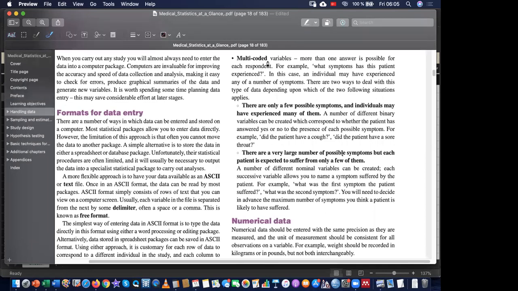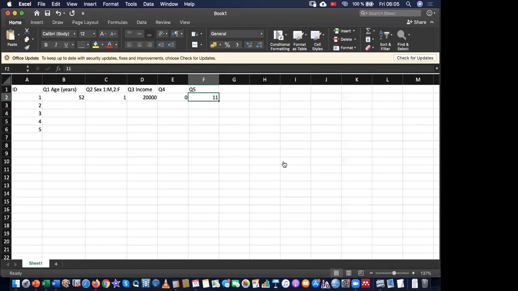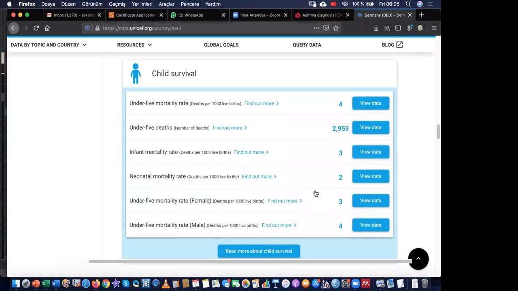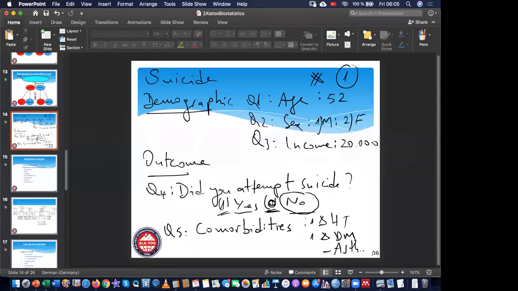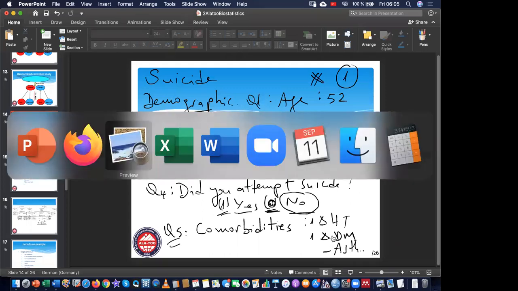If you have multi-coded, as in our example, this variable number 5 is multi-coded. The person can select more than one option. Then we call it a multi-coded variable.